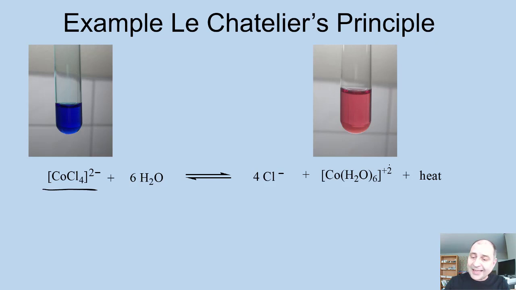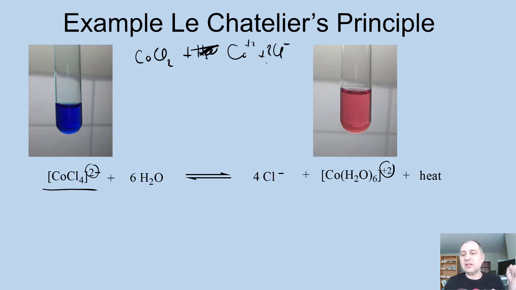It's called a complex ion because it is charged. This is also a complex ion. So if you take cobalt(II) chloride, for example, and you dissolve it in water, what happens is you get cobalt ions and chloride ions. So that's a given. It's soluble, it breaks into its ions.